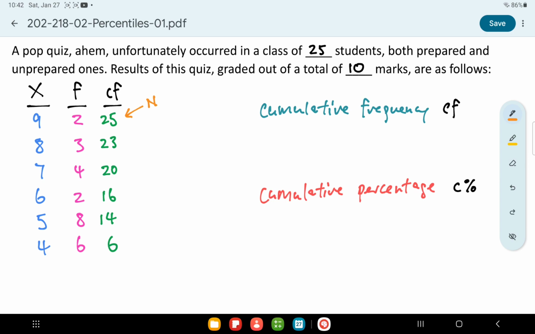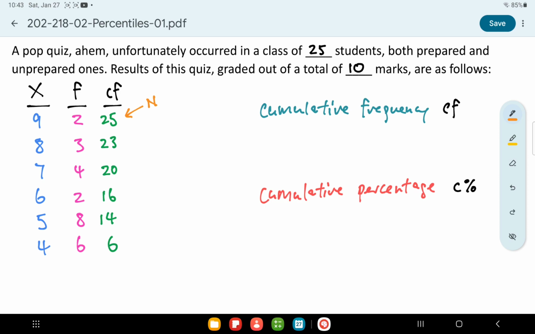Again, cumulative frequency denotes the entire frequency of those who scored that particular X and below. So the entire class would have scored, given that the top score on the quiz is X equals 9, 9 out of 10, either a 9 or some score lower than 9.